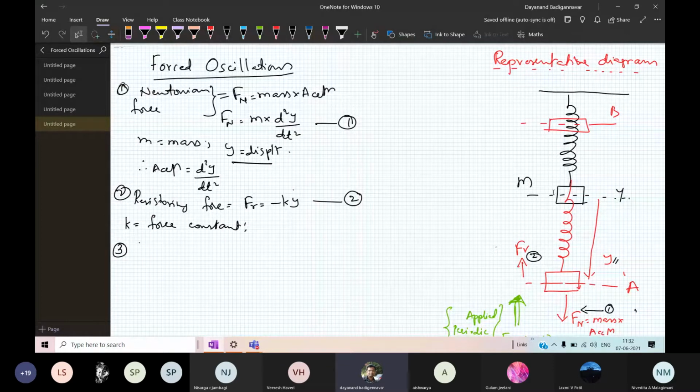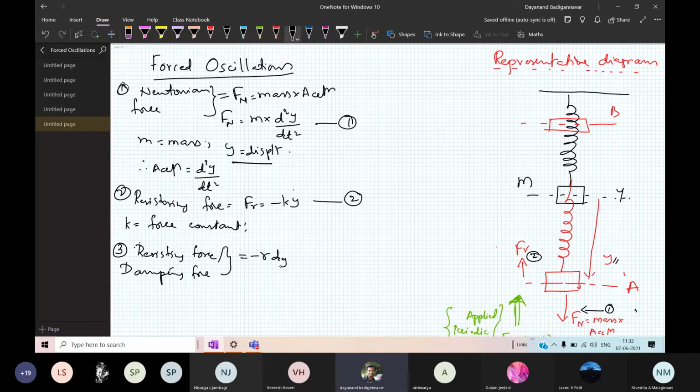Therefore, the third one is the damping force, or resisting force, or frictional force. This resisting force is equal to minus R into dy by dt. I have told you how you get it. This is equation number 3.